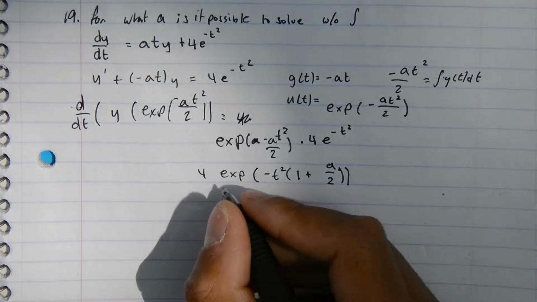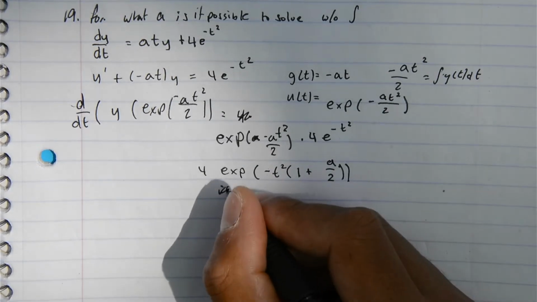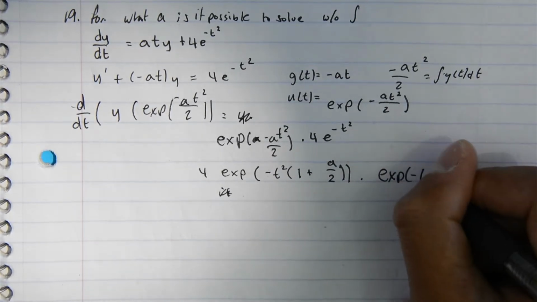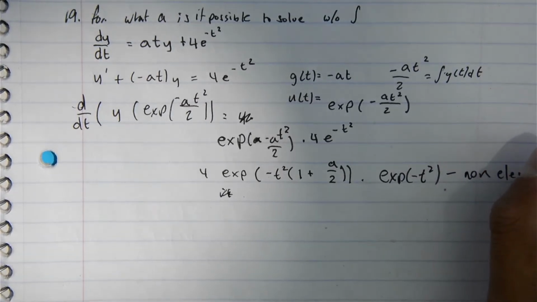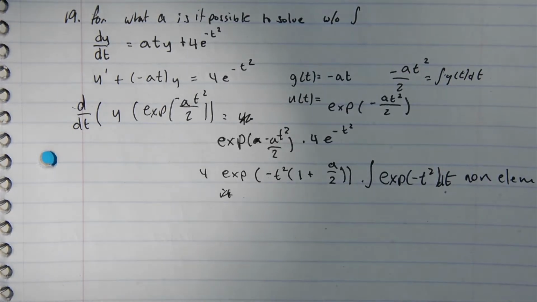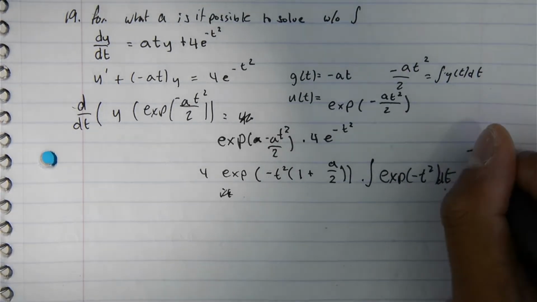And the main thing to note is that e to the minus t squared is non-elementary. This integral is not chill. Not a chill integral, this one. I think it's like an erf.